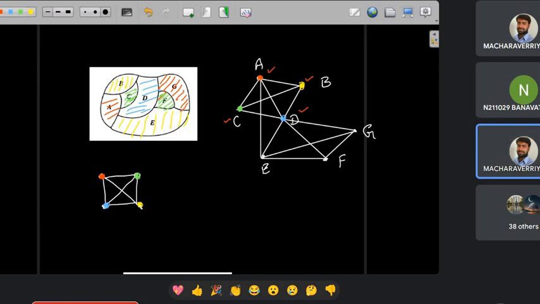Okay, so now you color the other vertices also. So G we are coloring with red, and then F we can color with green, and this you can color with yellow.